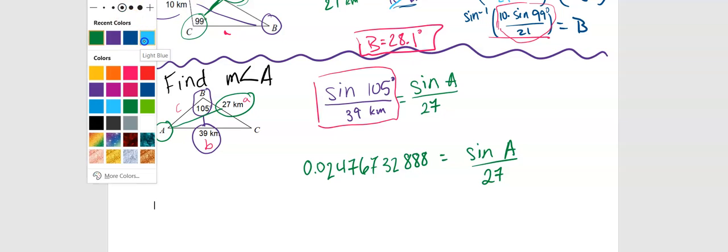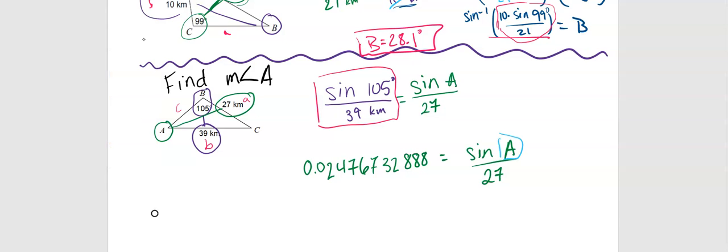So next thing I'm going to do, I need to get A by itself. Okay, that's my goal here. So let's multiply both sides by 27, giving me sine of A all by itself. And I should still have this decimal in my calculator right now.